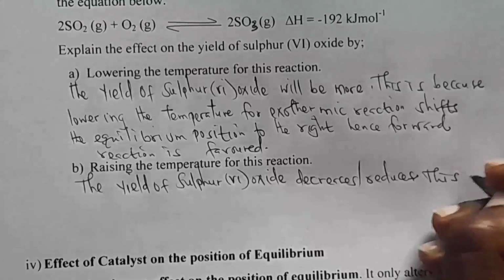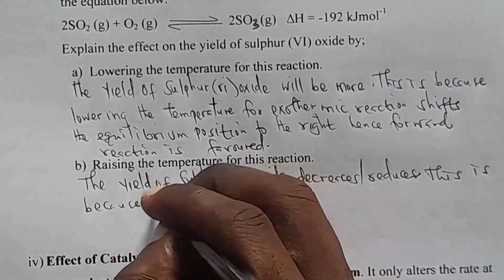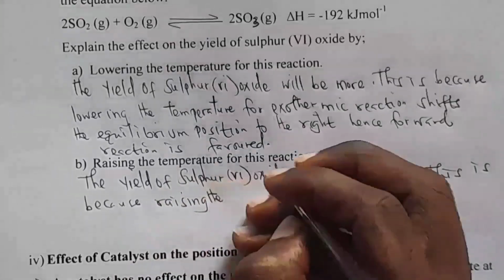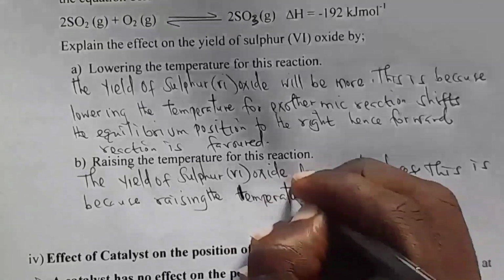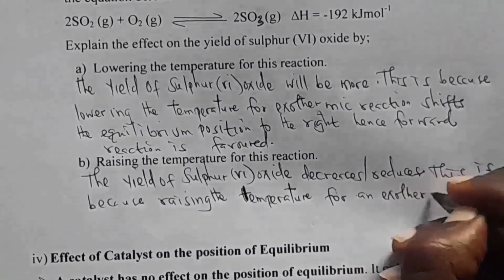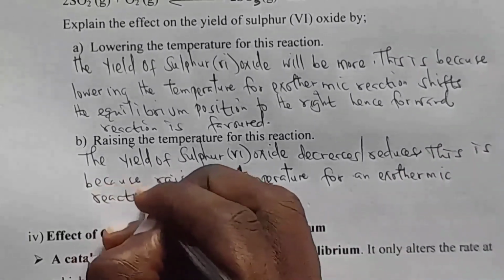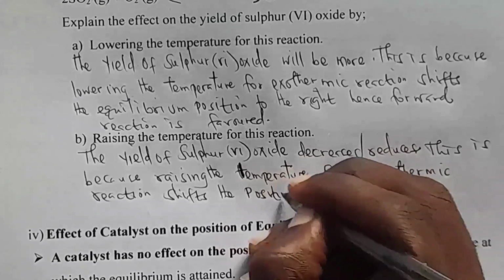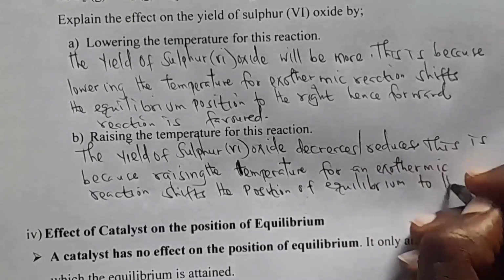Reason? This is because raising the temperature for an exothermic reaction shifts the position of equilibrium to the left.